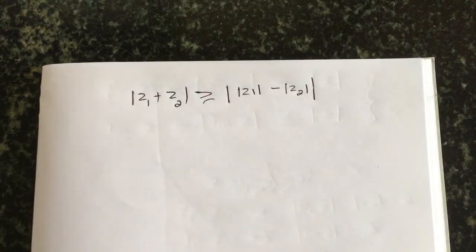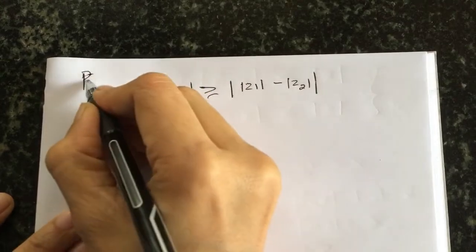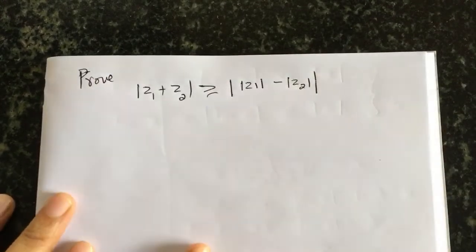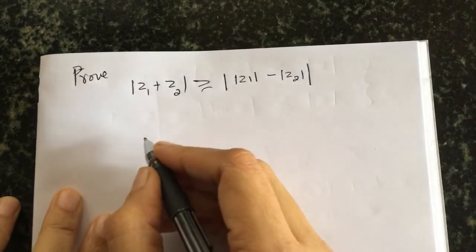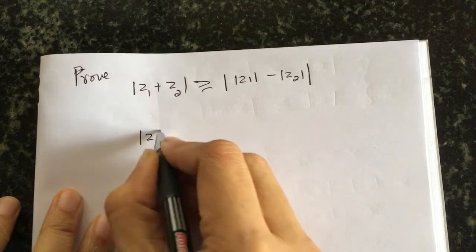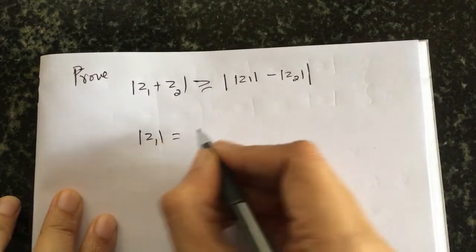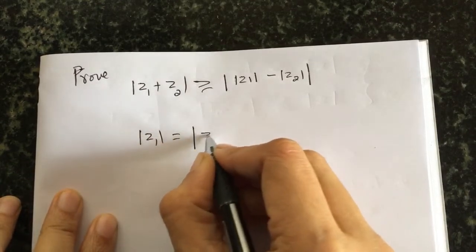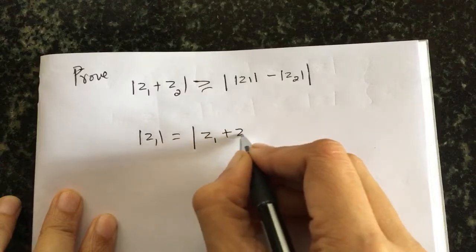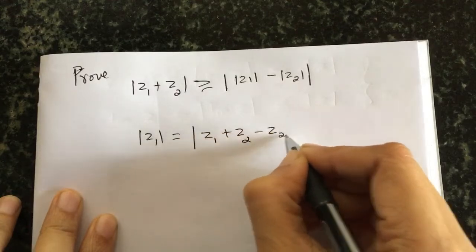How is it possible? Let us say this. Say mod z1, I can write it as mod of z1 plus z2 minus z2, right?